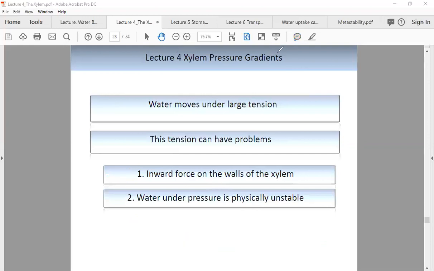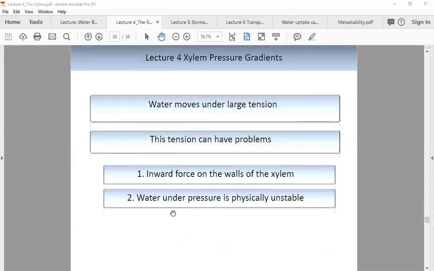All right, another problem that we can see here. Water under the type of pressure that we're looking at here is physically unstable. But if anyone's done any further reading, we can extend this a little bit.